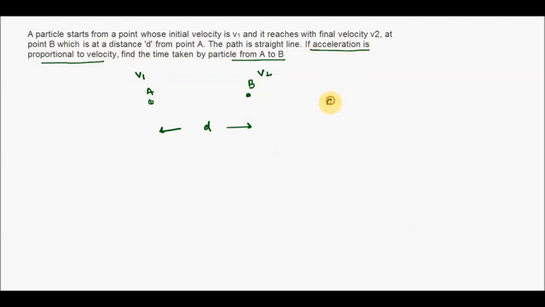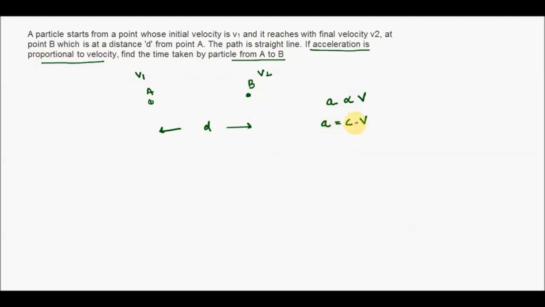So I can write acceleration is proportional to velocity. Now if I replace this proportionality with a simple constant, what I will get is this, right?